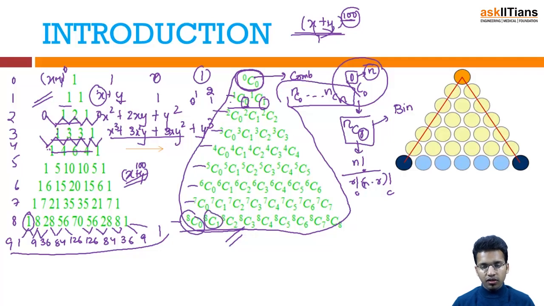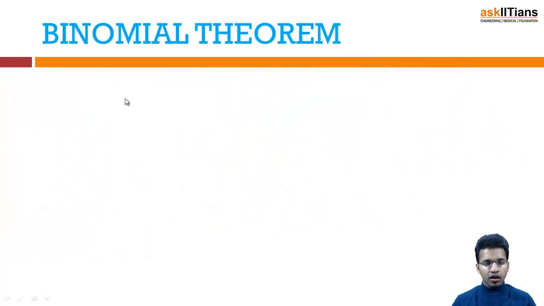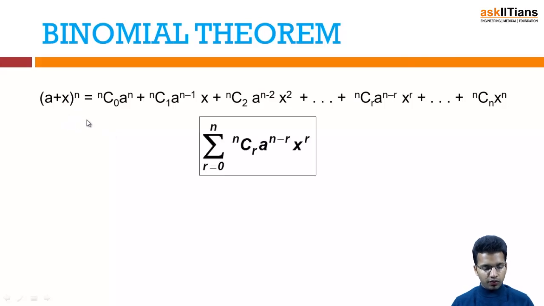We will be using this more, and you need to be comfortable with this notation. As I said, these are known as Pascal's triangles. The binomial theorem has a very general form, given here as x plus y, or a plus x, same thing. The first observation we had is that whatever the power is, we start with that power, decrease it by 1, and increase the other by 1.